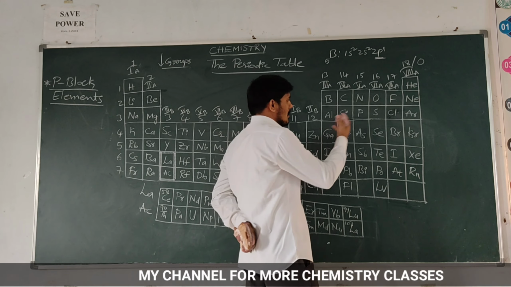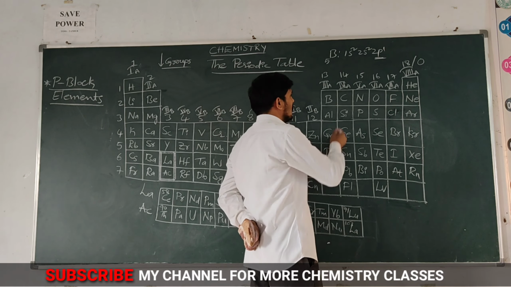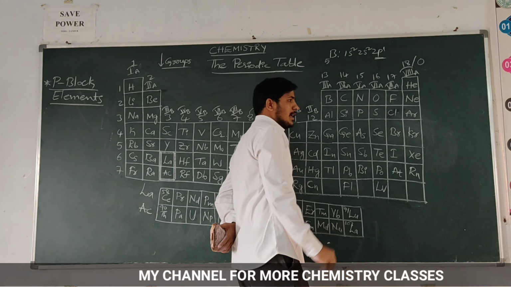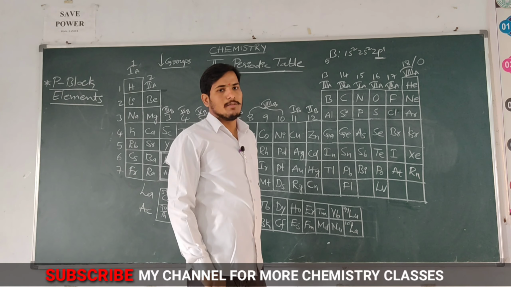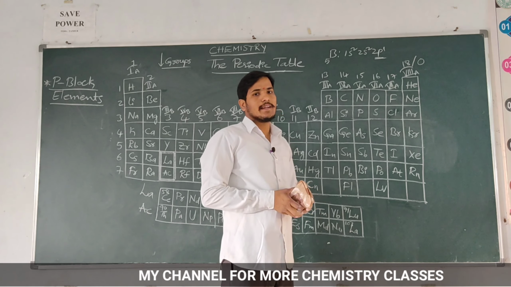P block elements are classified into 6 groups: the 13th group, 14th, 15th, 16th, 17th and 18th group elements. P block elements are present on the right side of the periodic table.